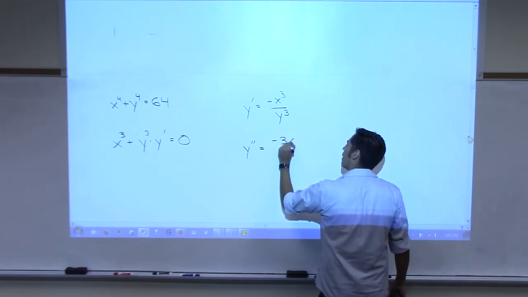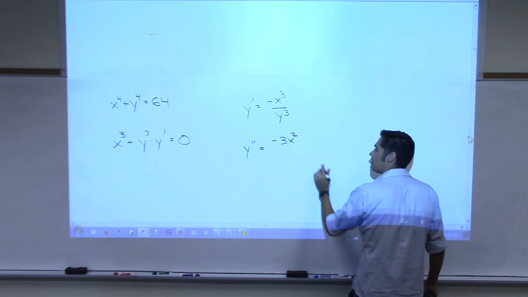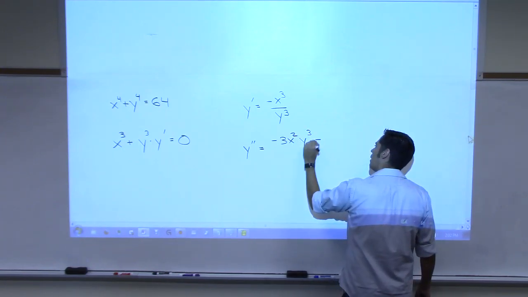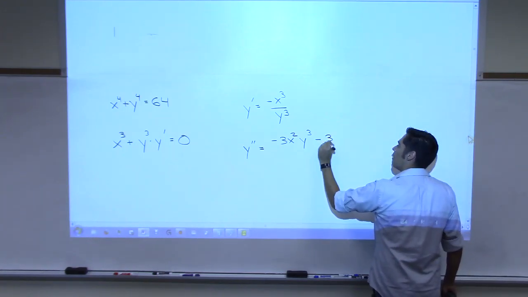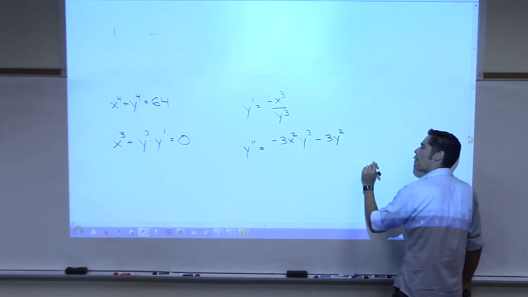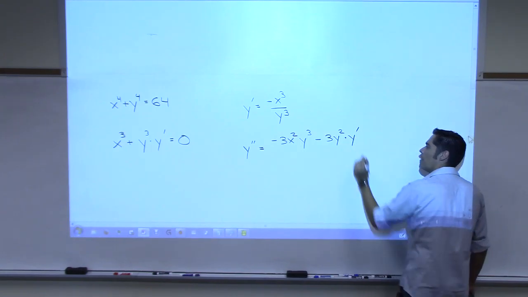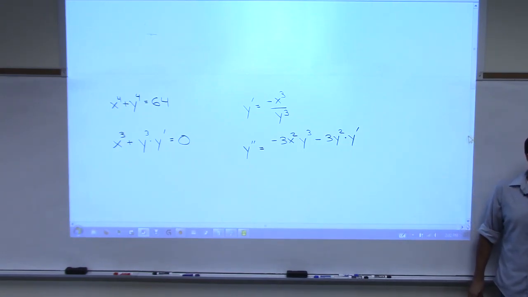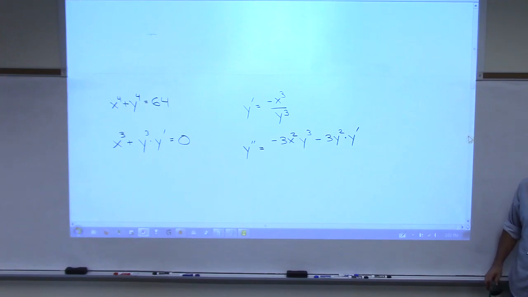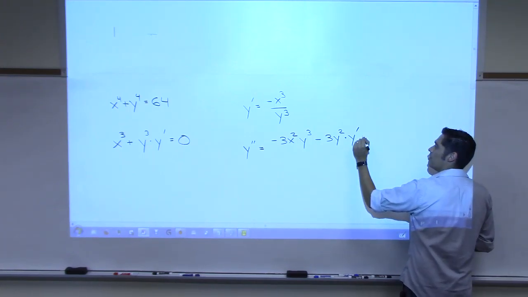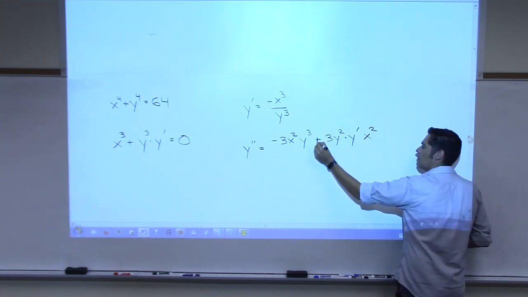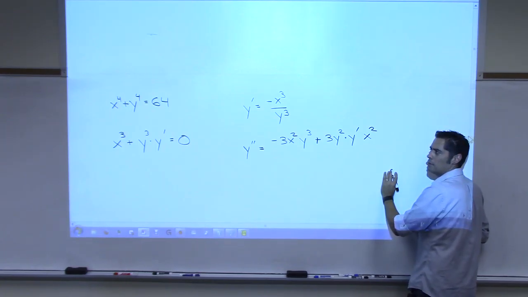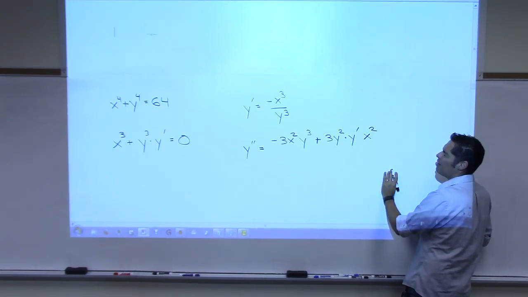So what is the derivative of the top? Negative 3x squared, right? Times the bottom, minus the derivative of the bottom, 3y squared dy/dx, which I'm going to say is y prime. So there's your chain rule on the y cubed part, times the top, which is negative x squared. Right? The top was, why did I say x squared?